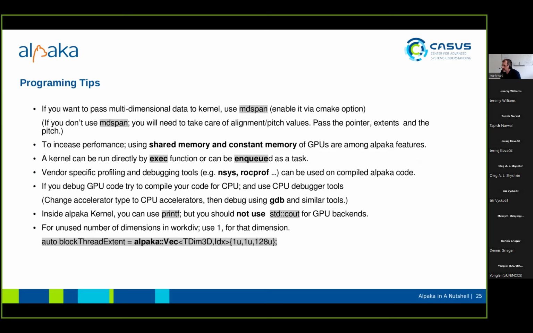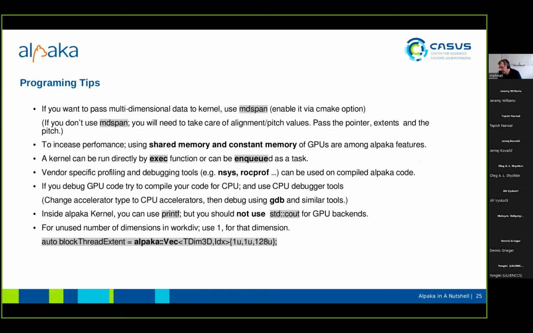There are many examples on GitHub, you can check how to use alignment and pitch for these kind of problems. To increase performance, using shared memory and constant memory of GPUs are among Alpaka features. You can use shared memory and constant memory of the GPU, and you can increase your performance.